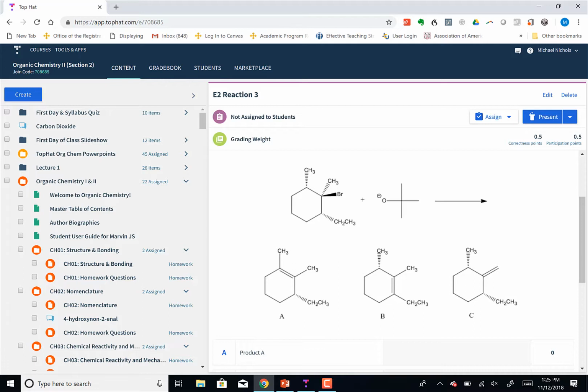So is that the only set of hydrogens that can be removed? Yeah. We agree? So in this case, this CH3 has the only hydrogens that can be anti-periplanar to the leaving group. So that's the only hydrogen that can be removed, and so C is going to be the major product.